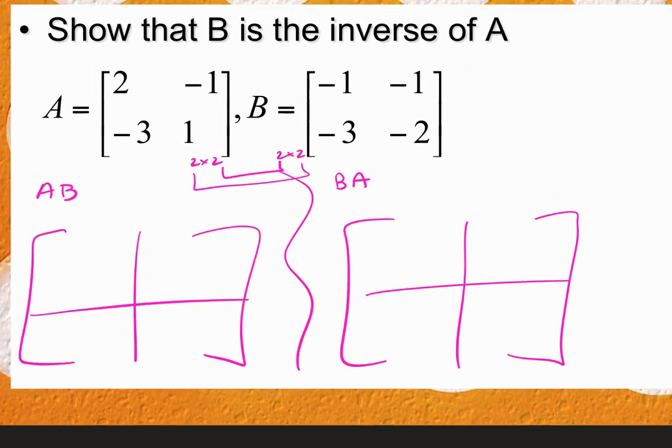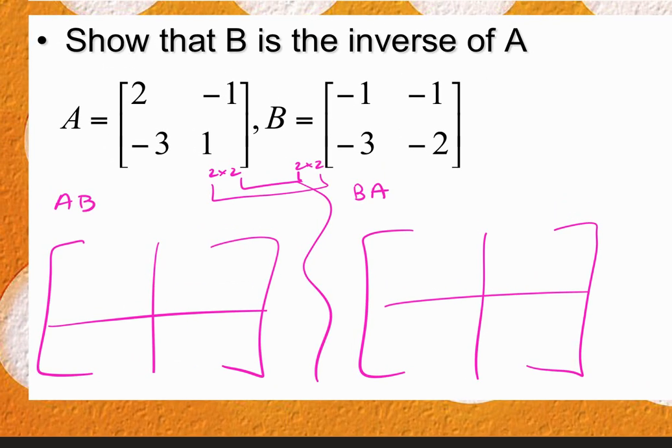So then we multiply. If it's A times B, then I do row 1 from A and column 1 from B. 2 times -1 plus -1 times -3. -2 plus 3 is 1. Then I do row 1 times column 2.